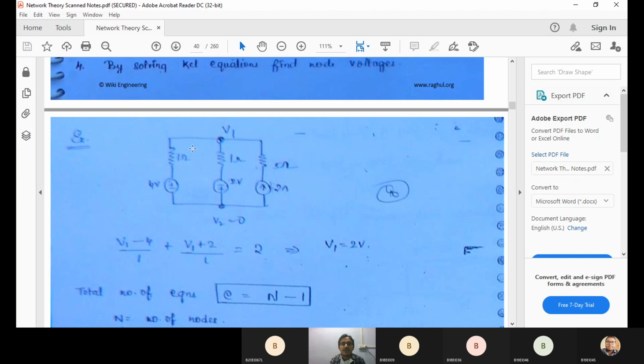This current is I1 and this current is I2. These two currents are equal to your I3. Yes or no? So this 2 amperes is the only current. With that, the same current of 2 amperes, some part will go through your 1 ohm and another part will go through another branch of 1 ohm. So that's the reason why I can write this current plus this current minus this current.